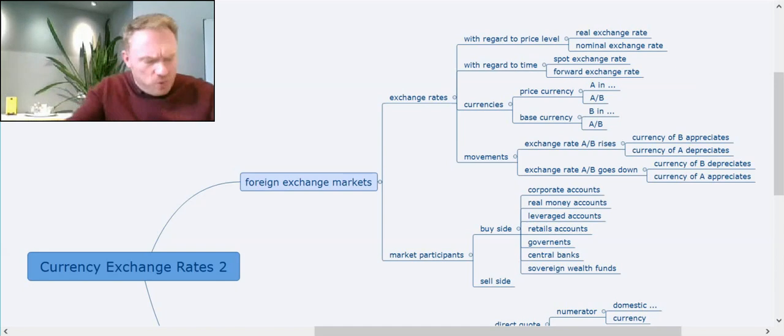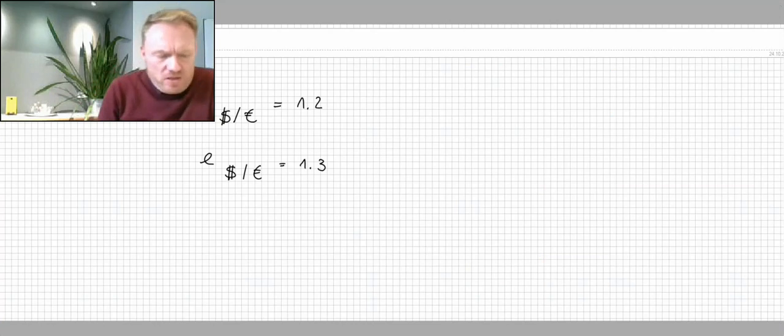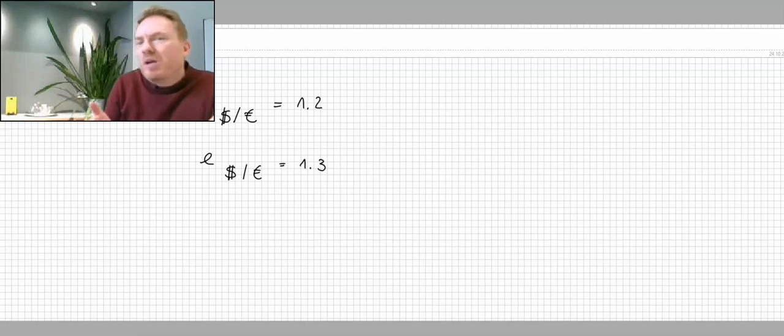It's quite difficult, because, for example, take the exchange rate between the US dollar and the euro. Let it be 1.2. First of all, what is what? Is it $1.2 for a euro or 1.2 euros for a dollar?